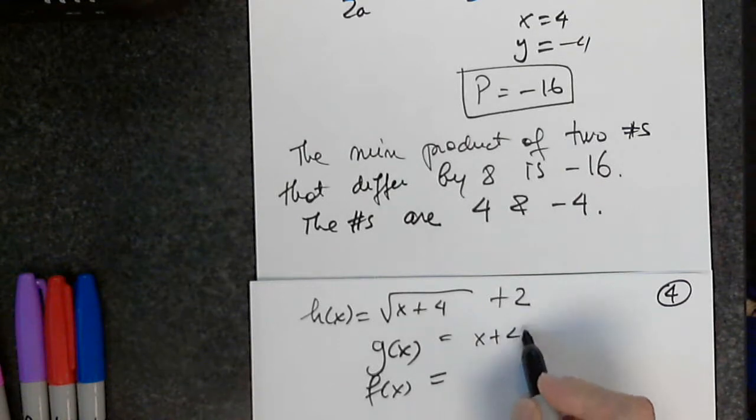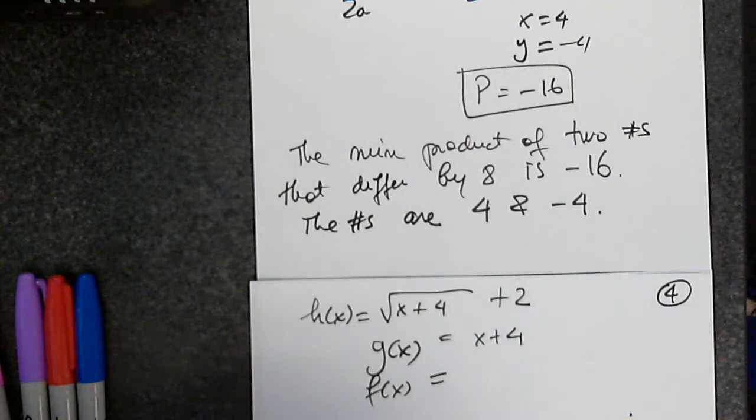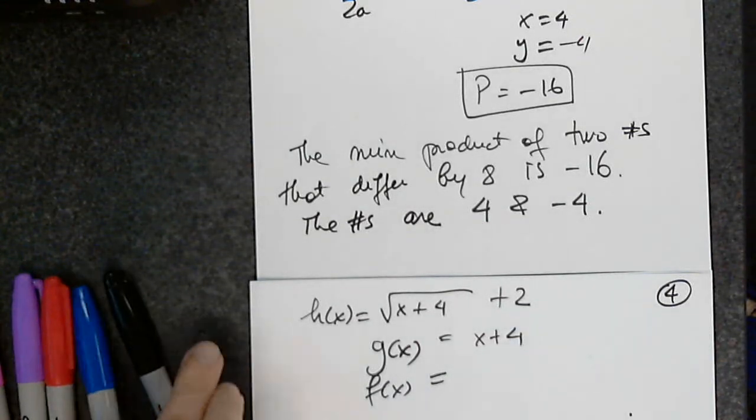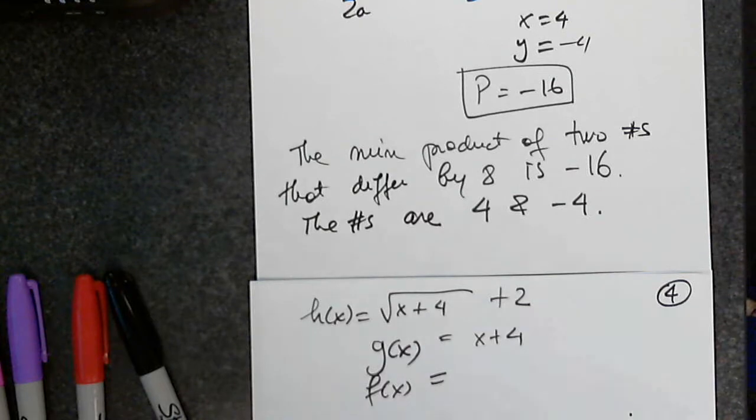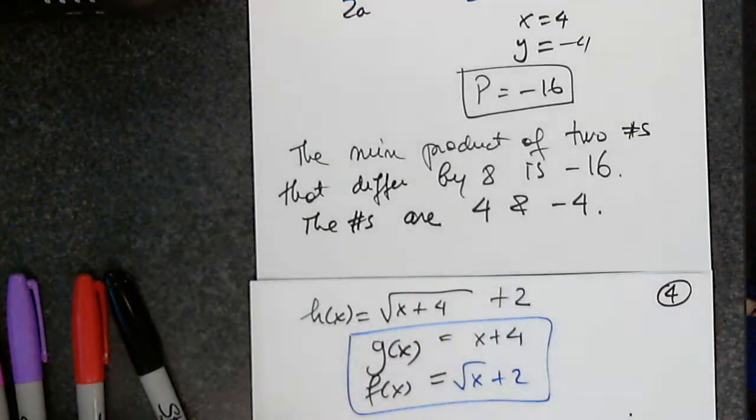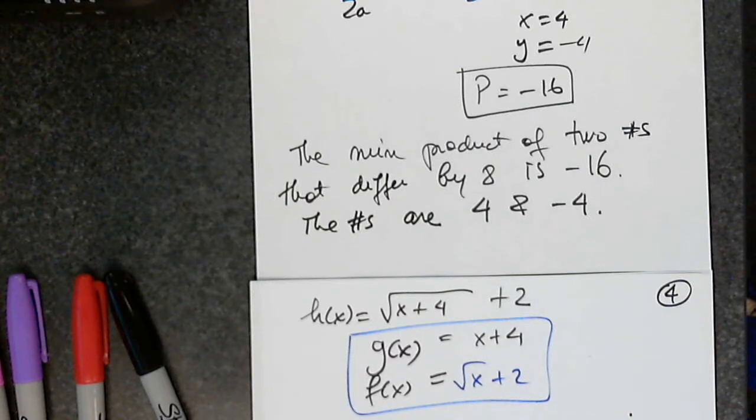I agree. That's one option. And now can anyone give us the outer function? Plus 2. Square root of x plus 2. Very good. Excellent. That's what I got on the test. But it was wrong.